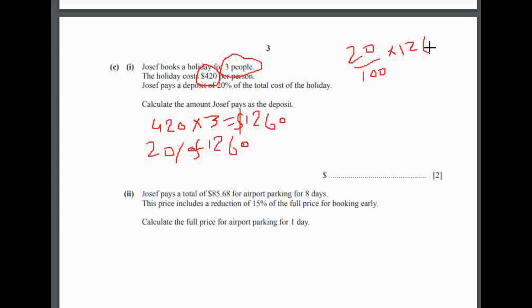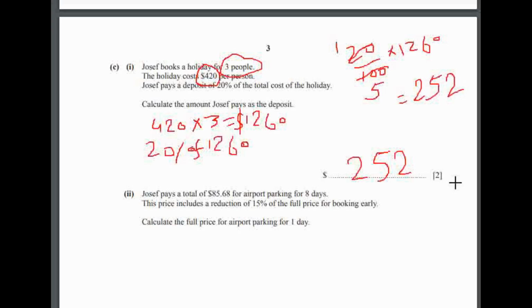We have to solve this. 1260 divided by 5, I will use calculator for you. 1260 divided by 5 comes out to be 252. So it means he deposits $252, because 1260 divided by 5 is about 250. So he deposits $250.